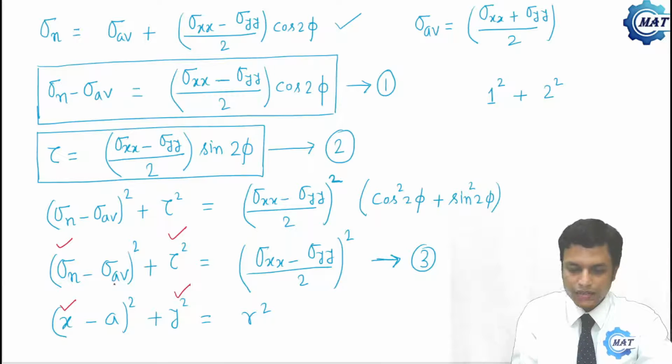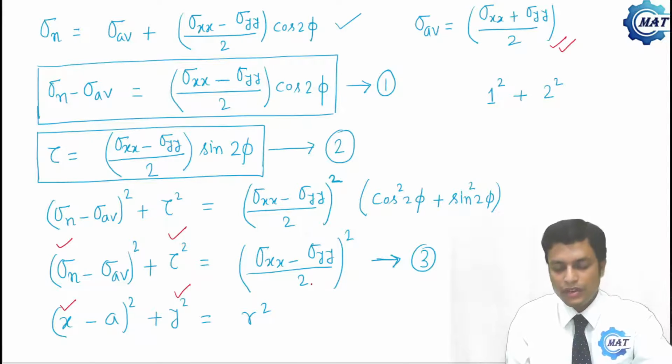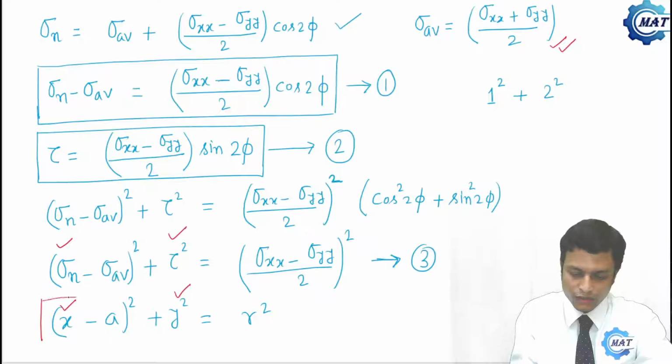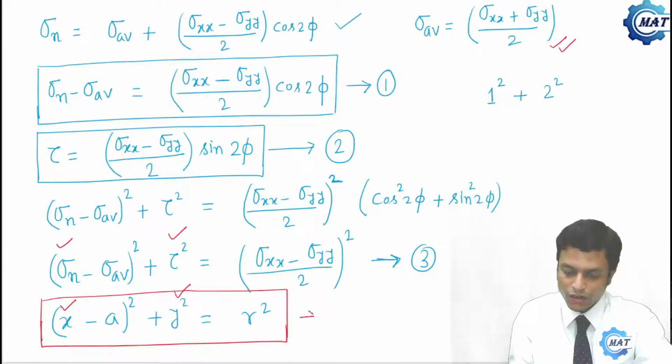The other terms, sigma average, which is a constant, and sigma xx minus sigma yy by 2 are also constants, so r is also constant. So this equation is an equation of a circle.